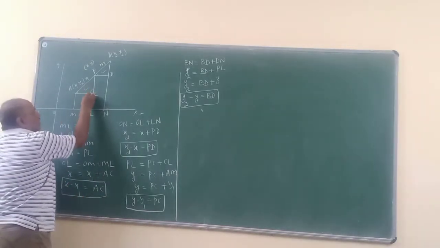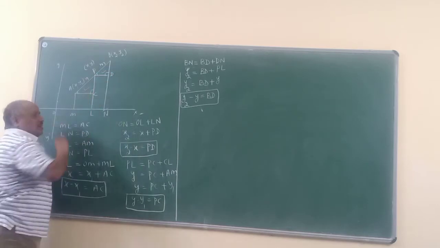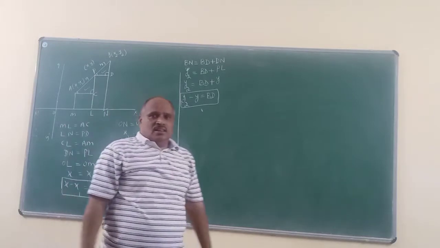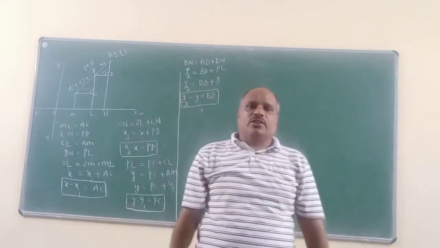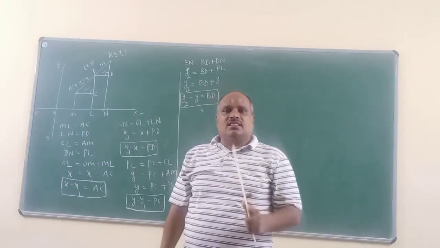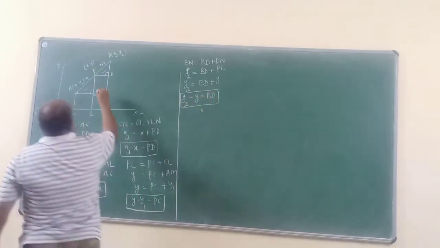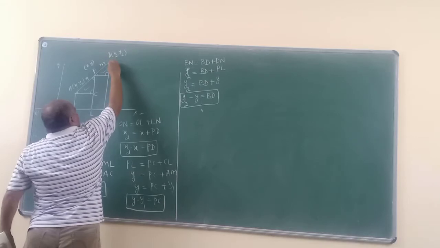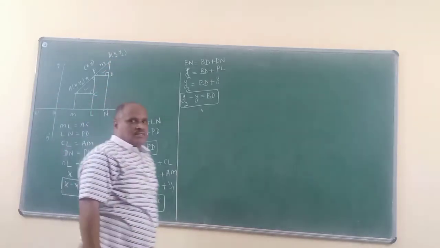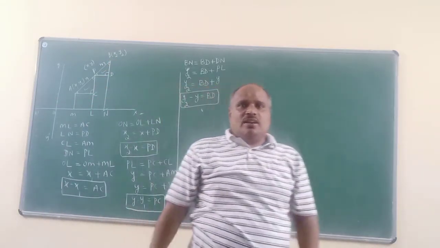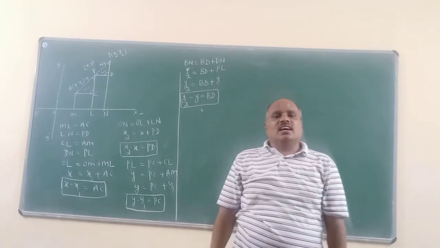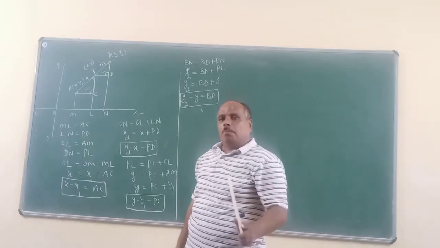This angle is equal to this one because of 90 degrees. In two triangles, if any two angles are equal, definitely the third angles are equal. Therefore the triangles are equiangular, hence similar. Then the corresponding sides are proportional.